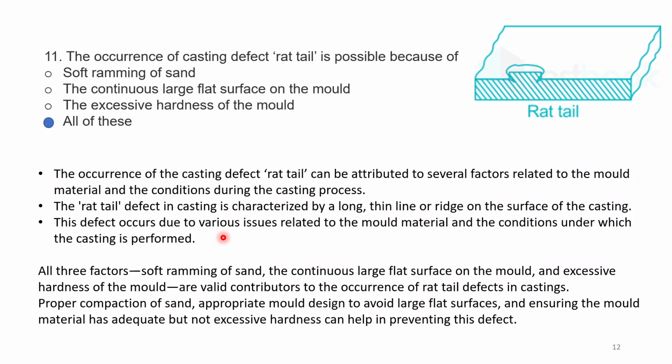So all these factors, soft ramming of sand, continuous large flat surface on the mold and excessive hardness of the mold, are valid contributors to the occurrence of the red tail defect in castings.